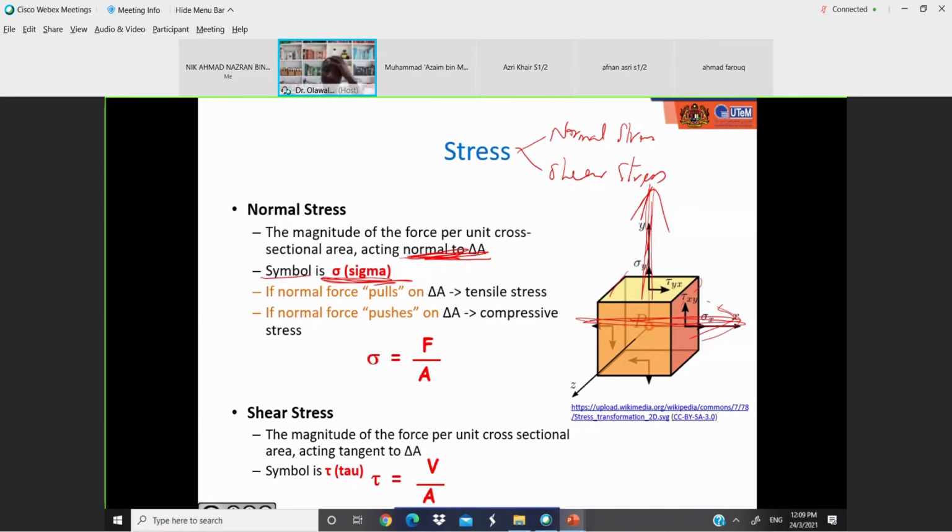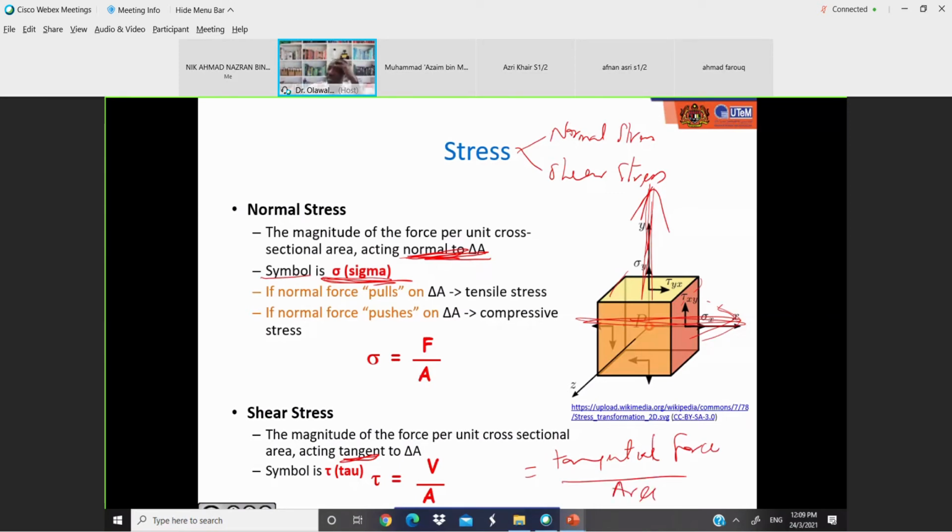Then again, your shear stress, like we said, is the magnitude of force per unit cross-sectional area acting tangent. That's why we said shear stress is equal to tangential force divided by area. That is force acting tangent, not normal.